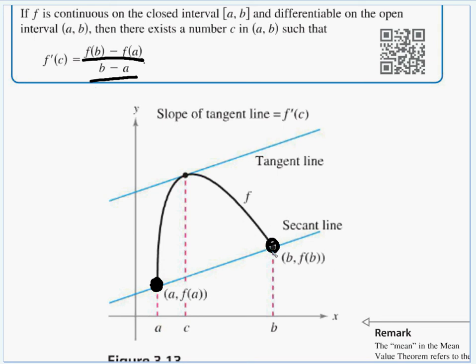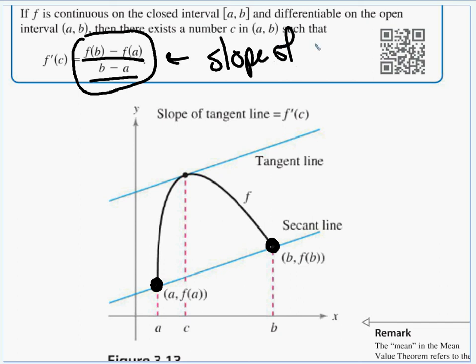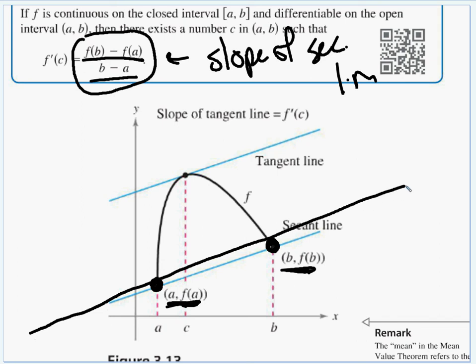If we have the points a, f of a and b, f of b, we could just use the good old slope equation from Algebra 1 to find the slope of this secant line. And then we're going to take our derivative f prime and set it equal to that slope.